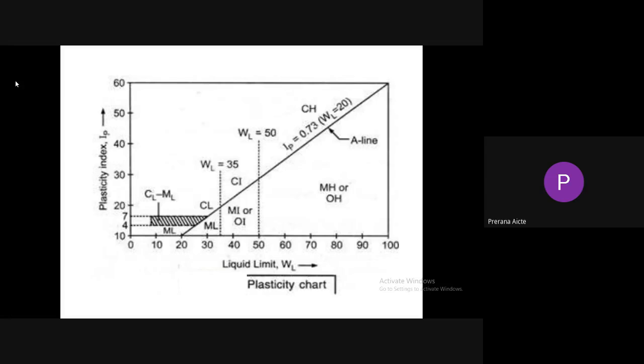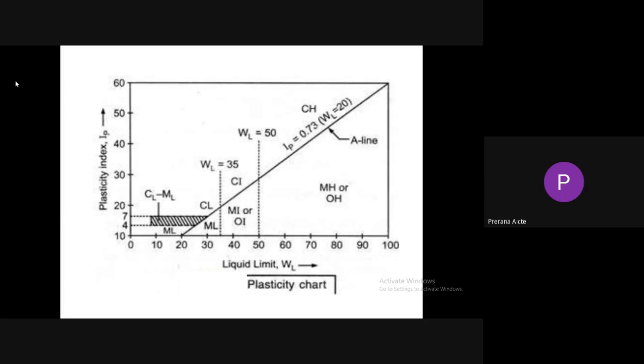If the plasticity index is less than the height of the A line, then the point lies below the A line. Please remember this. So that is the classification system.